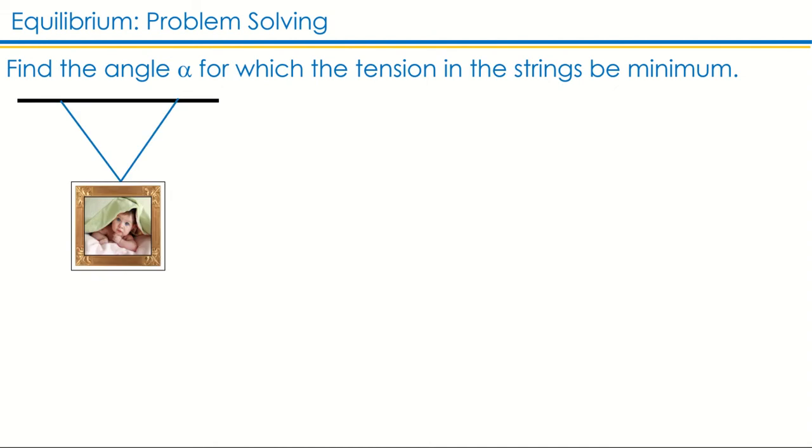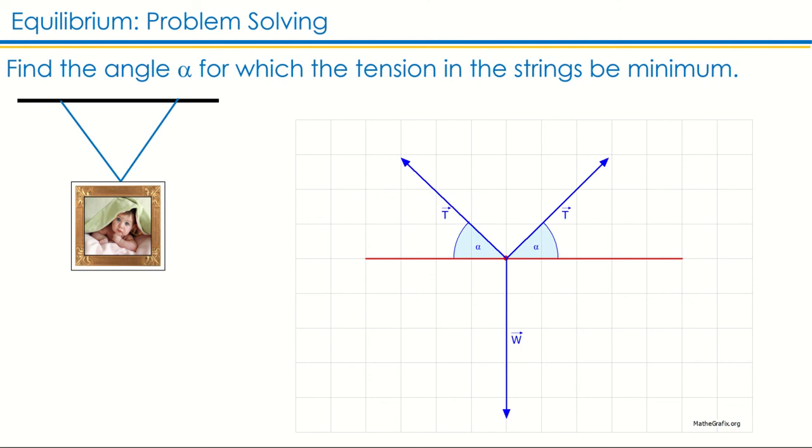Find the angle for which the tension in the string is the minimum. So the situation is still the same. Alpha is this. From the previous problem, we found that T is equal to W divided by 2 sine alpha.